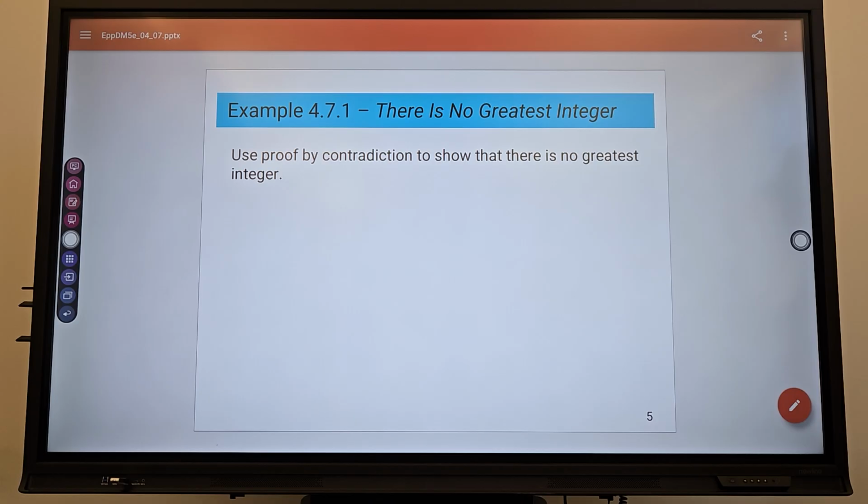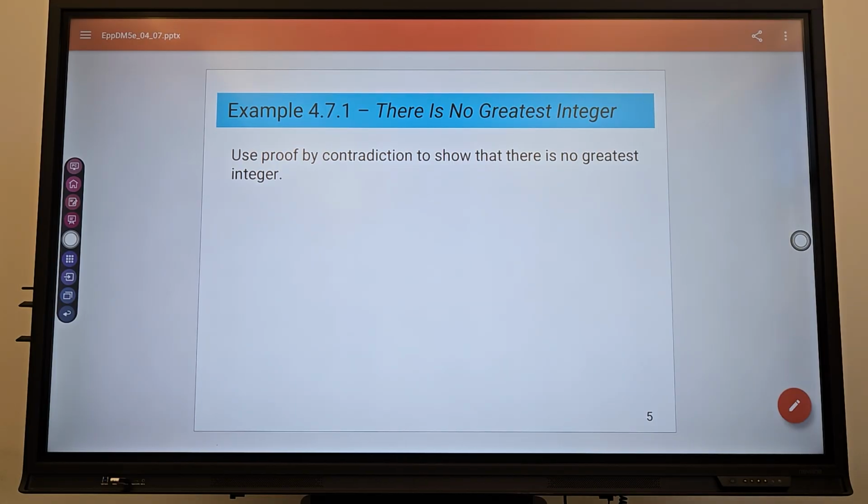Use proof by contradiction to show that there is no greatest integer. Now, assume that there is a greatest integer, N, which is greater than all other integers.